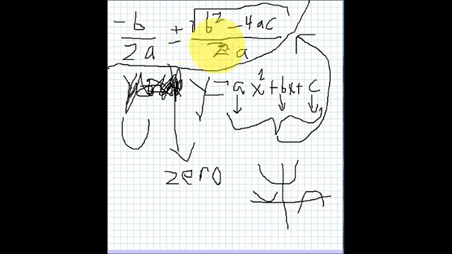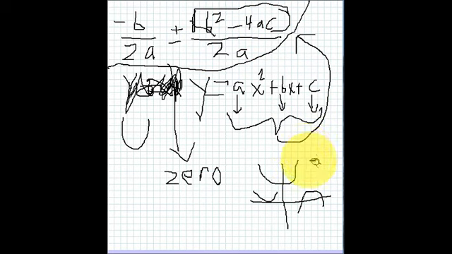And this equation is going to tell you which one of those is the case, and it's also going to tell you what the values of them are. So if you have no zeros and you solve this, you're going to result in a square root of a negative. So what's going to happen is this is going to end up being negative, and then you'll have a square root of a negative.